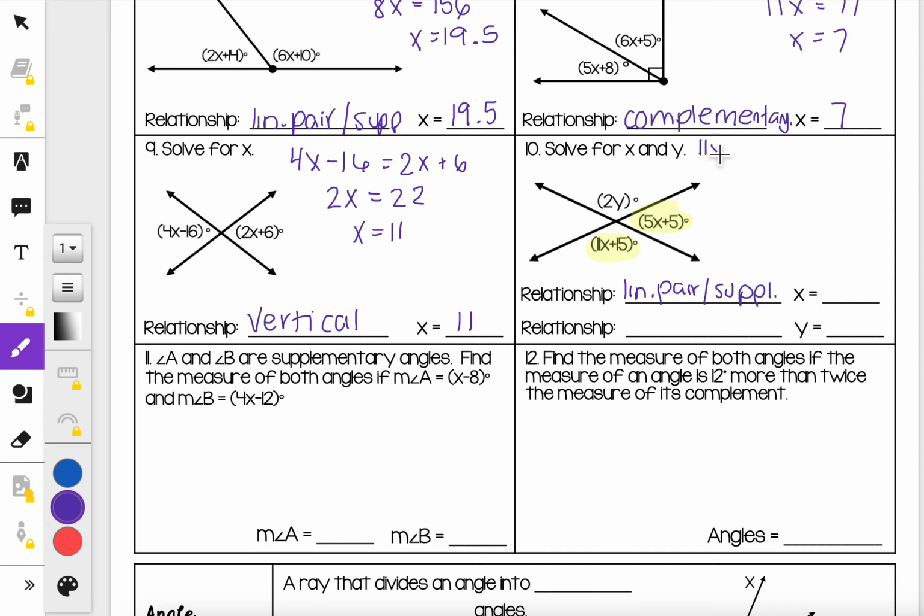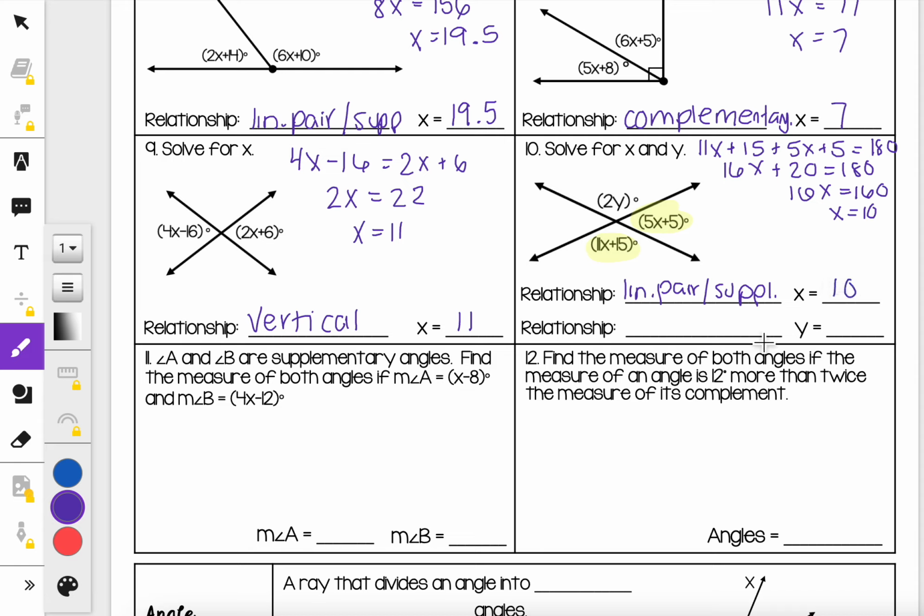All right, so 11x plus 15 plus 5x plus 5 is going to equal 180 degrees. So 16x equals 160, and x is going to equal 10.